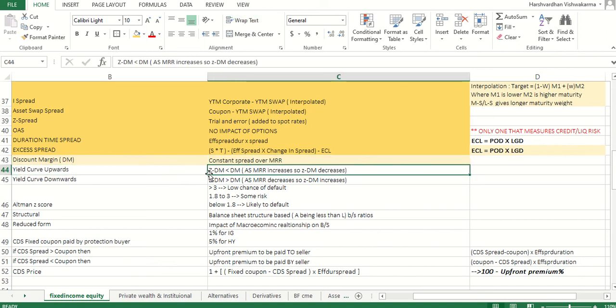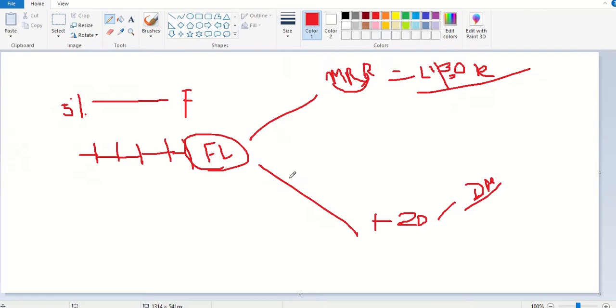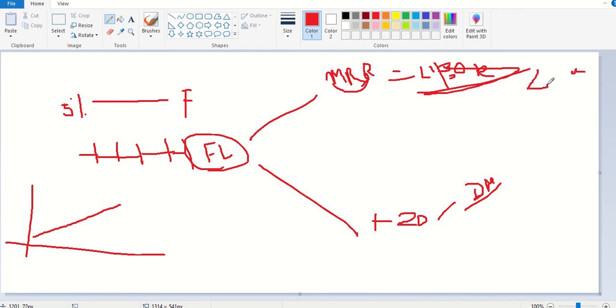Now if the yield curve moves upwards, what will happen to this? If the yield curve is moving upward, this will increase. Say suppose this was 4 earlier. Suppose this was 4, now this will become 5.